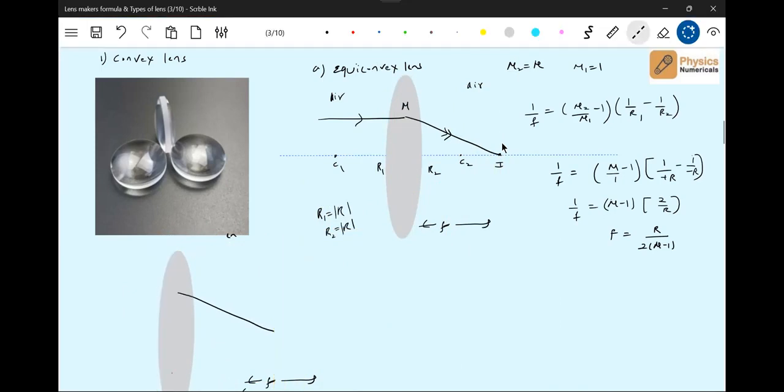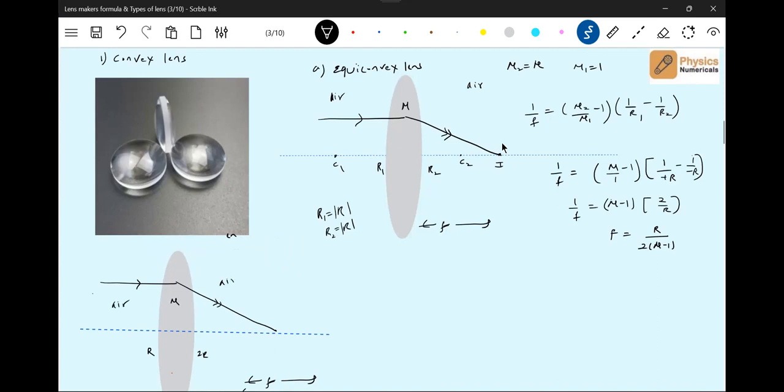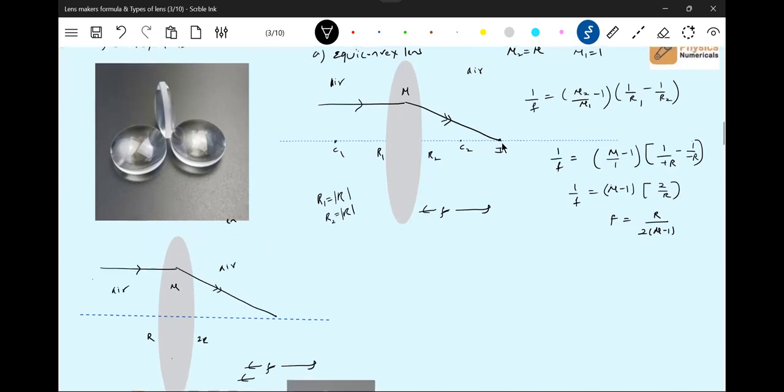A second type, in this one only, a convex lens only. It is not an equiconvex. Not equiconvex means the ray after refraction, the radii of this be R, let this be 2R. This is the incident ray, refractive index be mu, that of surrounding let it be A. So this will be the focal length. This is not an equiconvex lens now, we can just call it a convex lens.